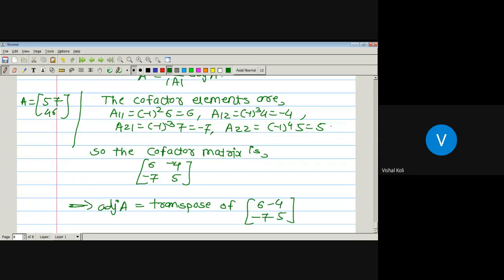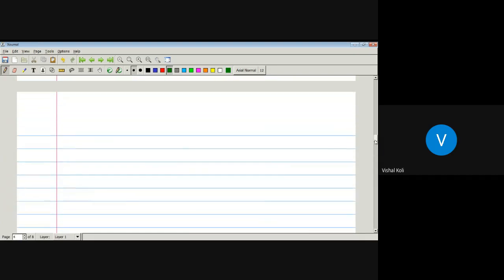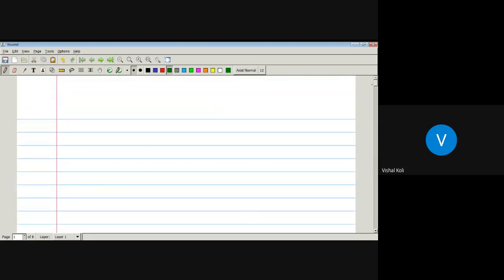Now it becomes, so adjoint of A is equal to 6 minus 7 minus 4 and 5. Okay, so this one is nothing but its transpose.